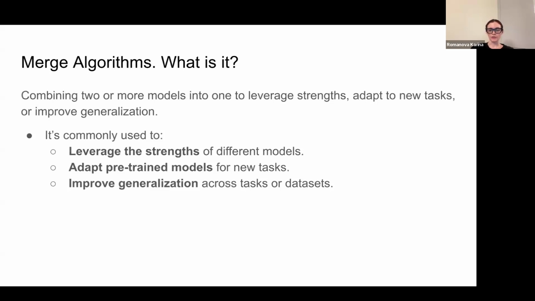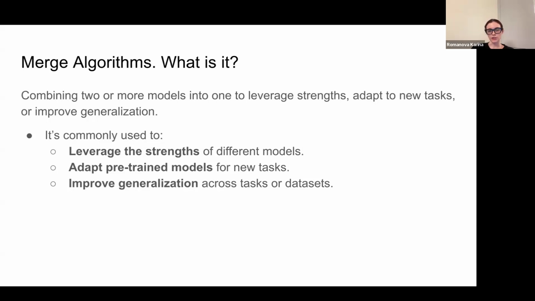So what is a merge algorithm? Merge algorithms are techniques used to combine two or more models into a single unified model. This process leverages the strengths and knowledge of individual models to create a more comprehensive system capable of handling a broader range of tasks or improving performance on specific tasks. In machine learning, merging models can be viewed as a form of ensemble learning, where multiple models contribute to the final prediction.